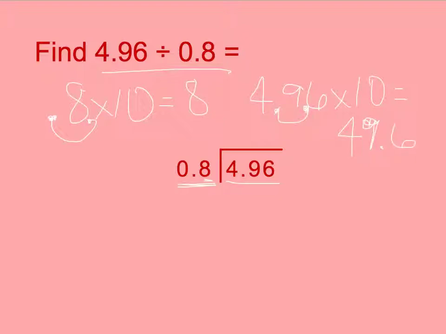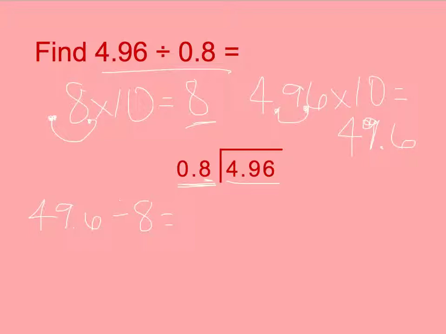Now that we have our two numbers, with our divisor no longer a decimal, we're going to find an estimate. So we're looking at 49 and 6 tenths divided by 8. I'm going to think about multiples of 8 that are really close to 49.